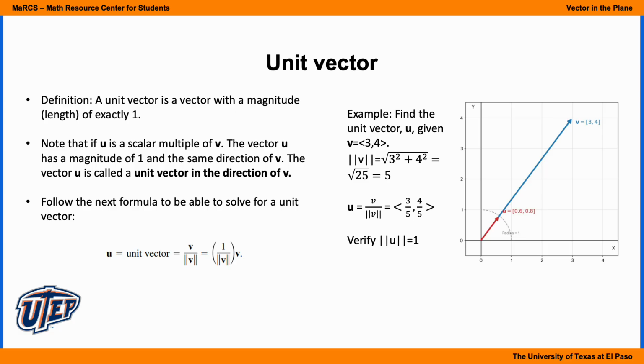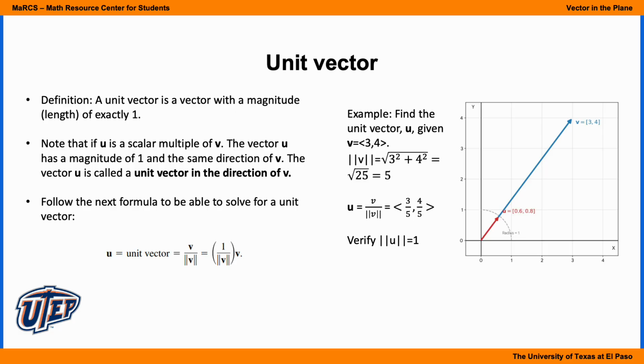We're told to find the unit vector u given the vector v. So v has components 3, 4. So first we need to find the norm of v, so that will be equal to the square root of 3 squared plus 4 squared. So we square each of the components, add them, and we take the square root. So 3 squared is equal to 9 plus 4 squared, that is equal to 16.